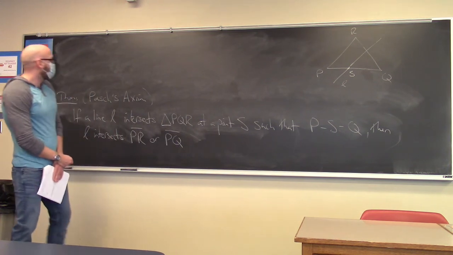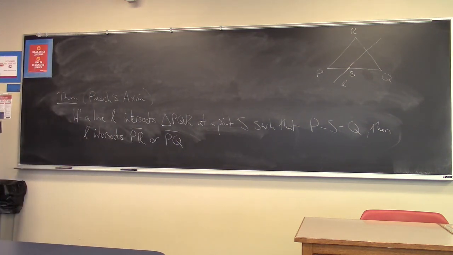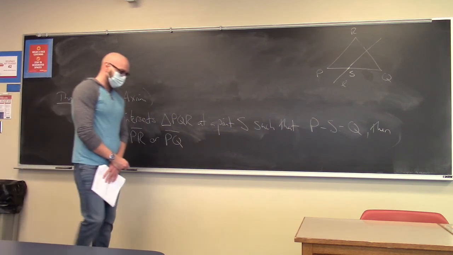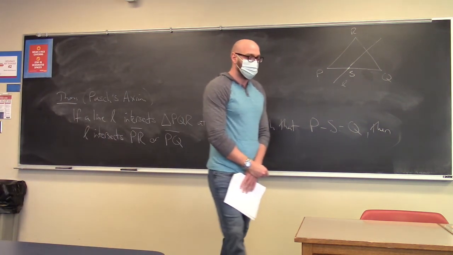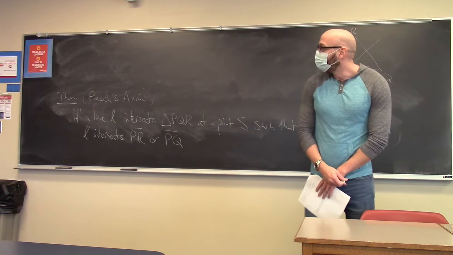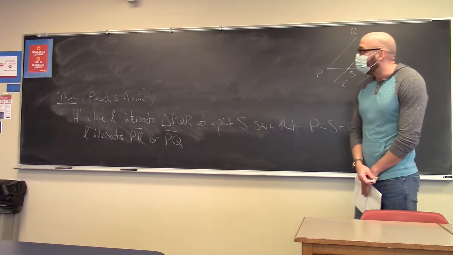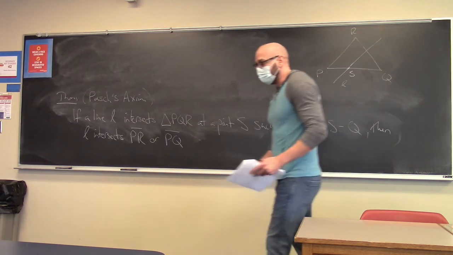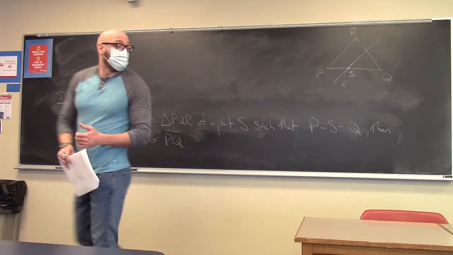This guy, Pasch, I believe he came up with this in the 1700s. He realized it was independent of Euclid's axioms, meaning it's something you did have to axiomatize and Euclid didn't, so again, Euclid's axiomatic set is not complete.